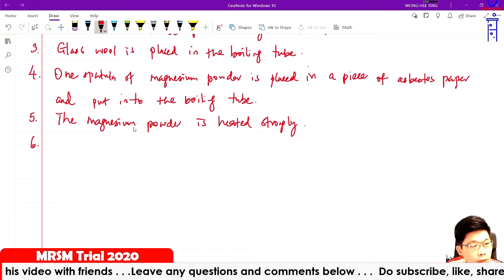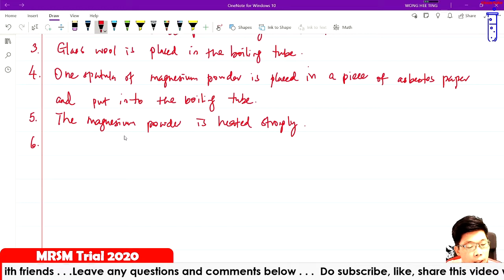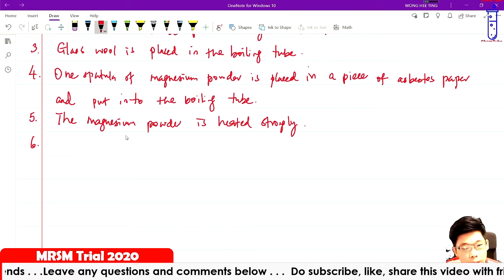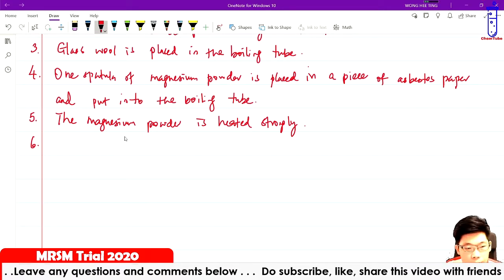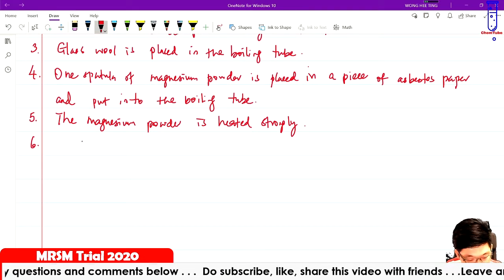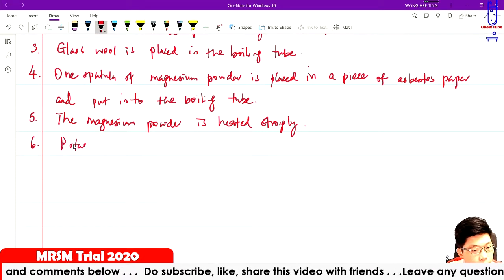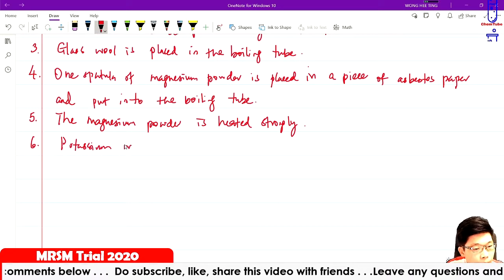Why? Because if the metal is not heated, when the oxygen comes, it won't react. So we must heat the metal first, then we heat the potassium manganate(VII).